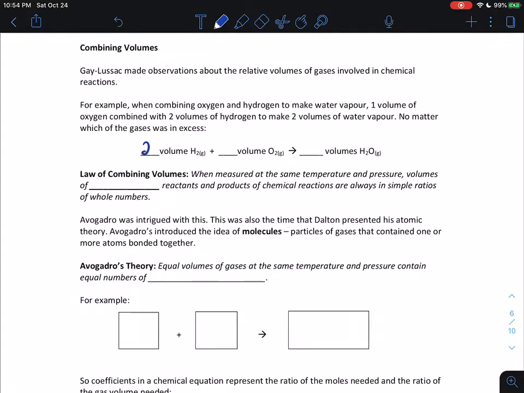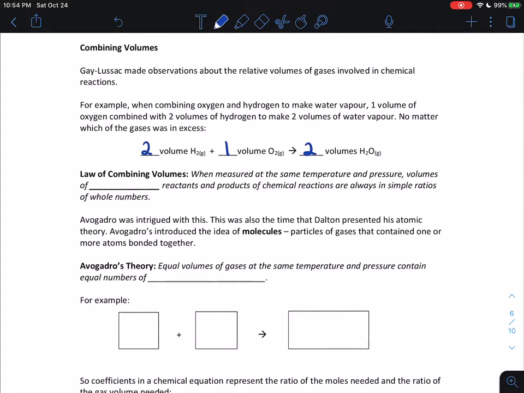It didn't matter if I added 3 volumes of hydrogen, only 2 would be used up if I had 1 volume of oxygen. So this was intriguing, right? You see this and you're thinking, well, that makes sense. It looks like a balanced chemical reaction, right? But this was new for them.